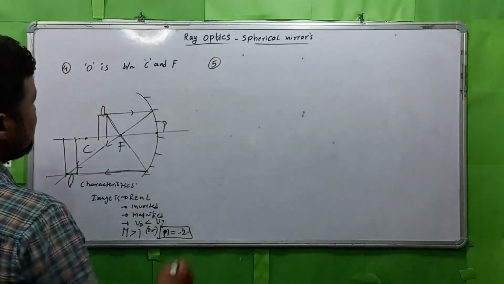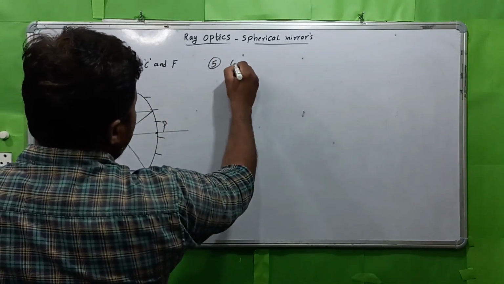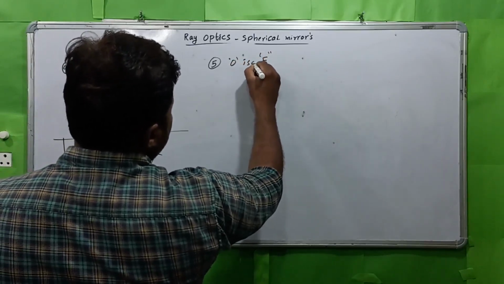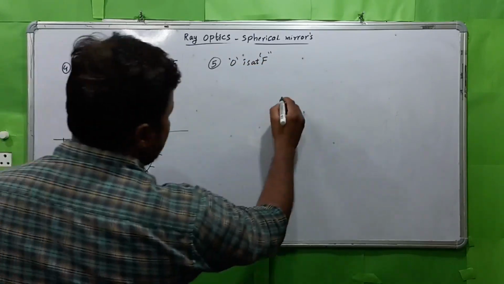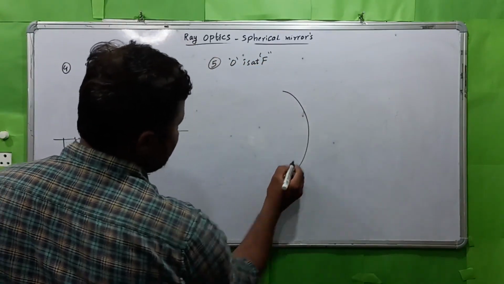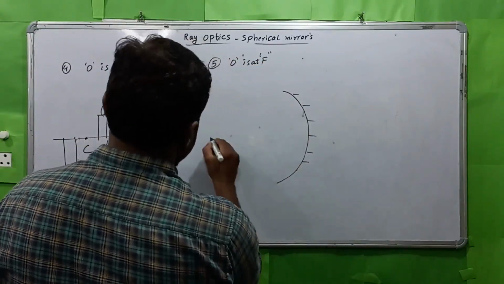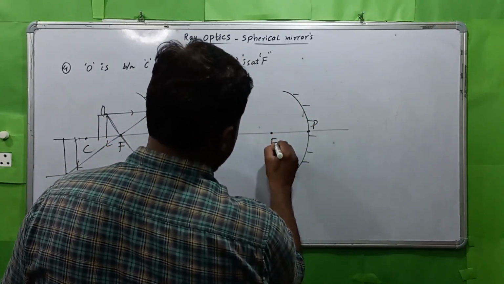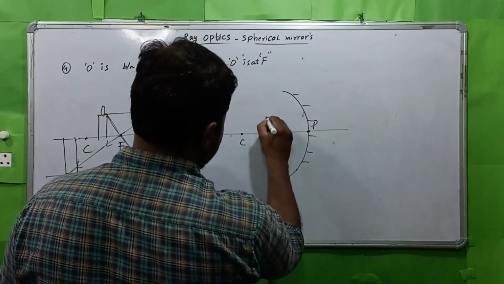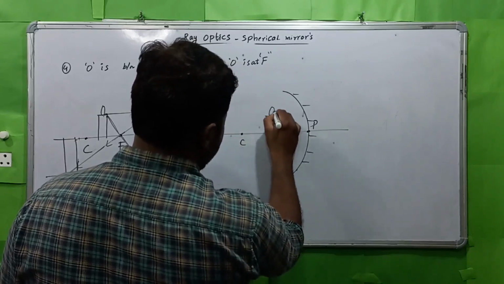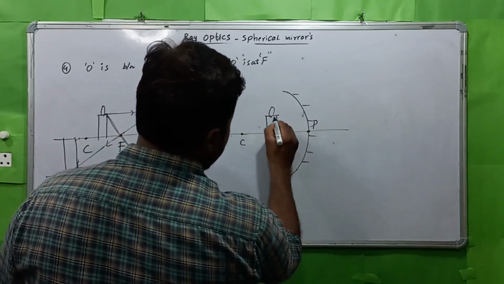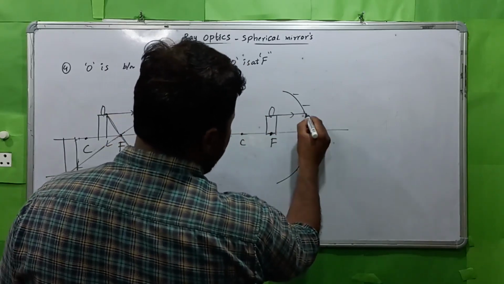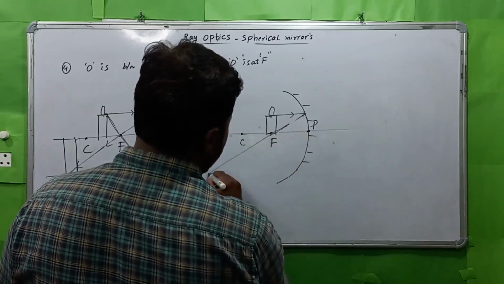Fifth diagram. Now object is kept at focus. Object is at focus. Pole, focus, center of curvature. This is the object. Minimum 2 rays are required to locate the image. If a ray moves parallel to the principal axis, after reflection it moves through focus.